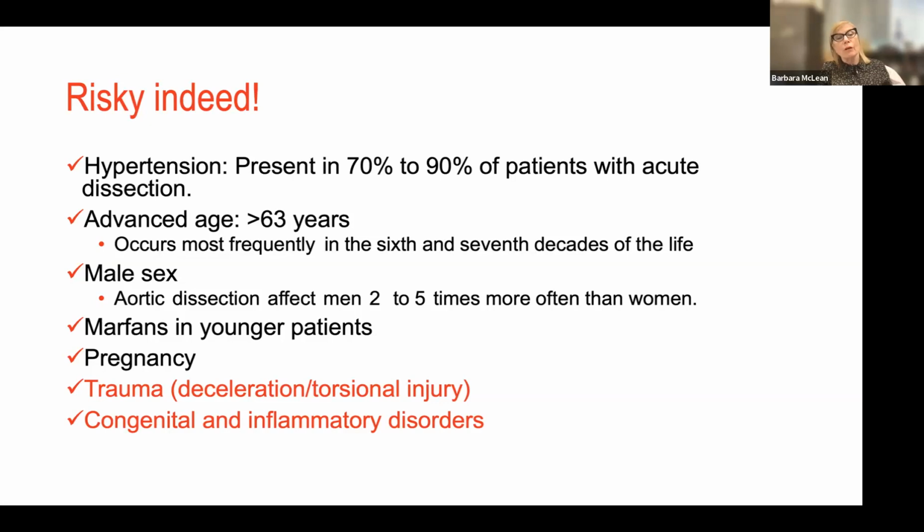Marfan's or other congenital or inflammatory disorders also put those patients at risk. There's a list of around 20 that are developmentally prone towards aortic dissection.